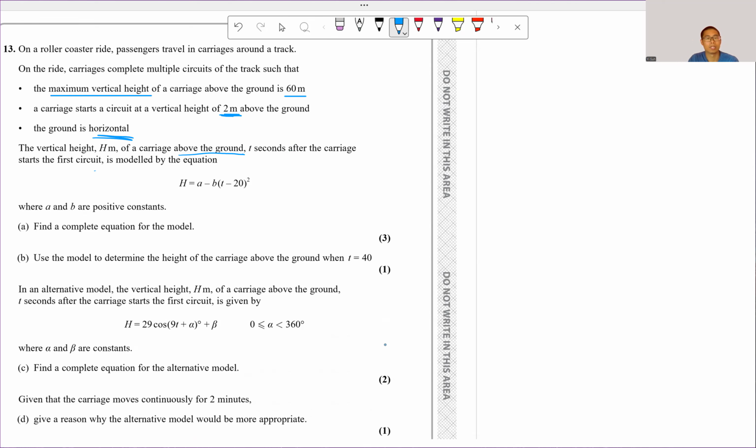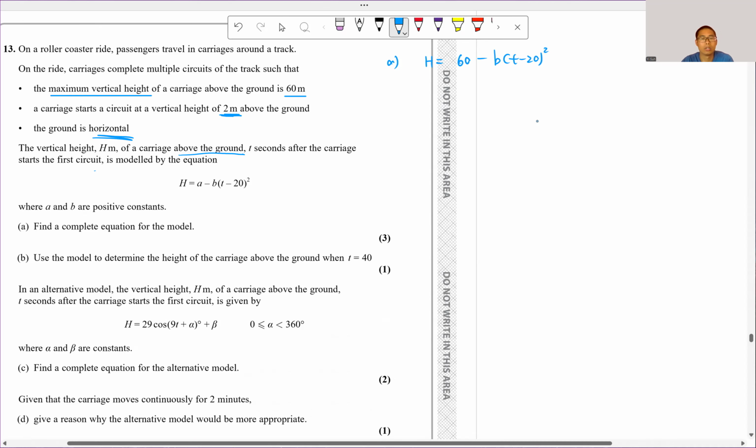Because we know the maximum vertical height is 60 and it's a quadratic, immediately we know h = 60 - b(t - 20)^2, so a has to be 60. Then they tell us the vertical height is 2 meters above the ground. That's the initial height, so when t = 0, h = 2.